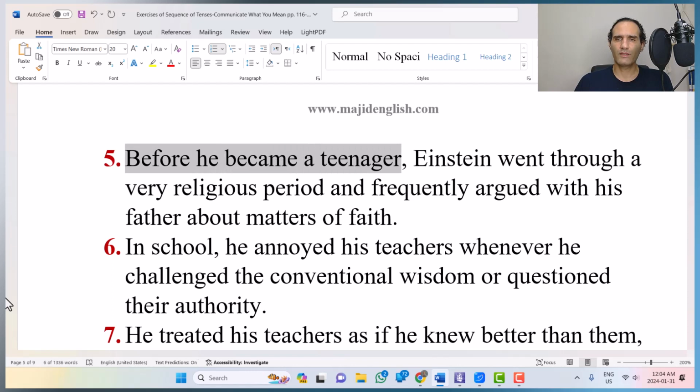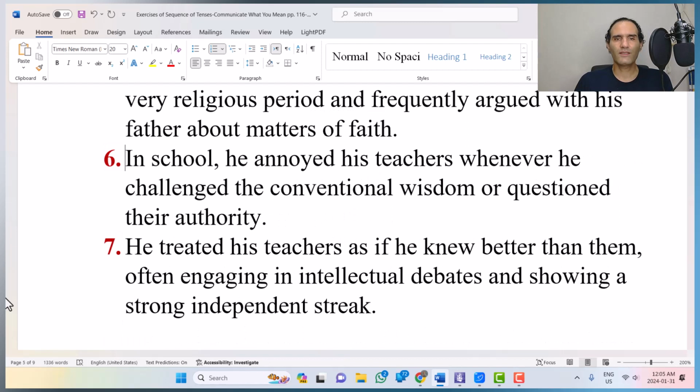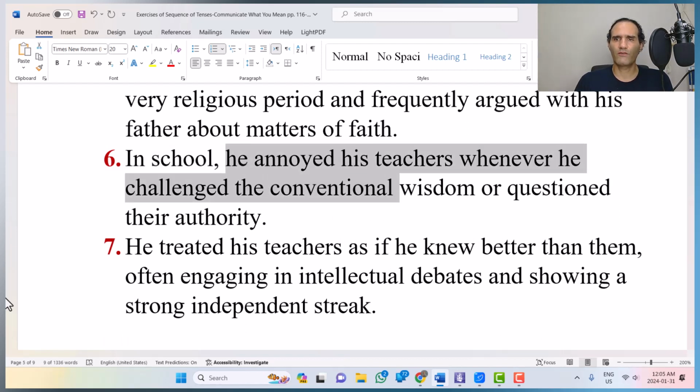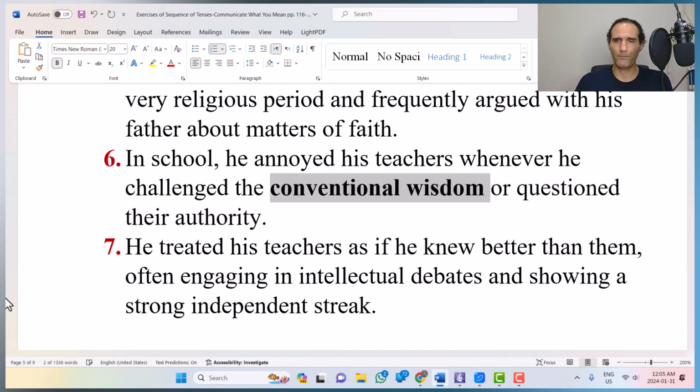Before he became a teenager, Einstein went through a very religious period and frequently argued with his father about matters of faith. Number 6, in school, he annoyed his teachers whenever he challenged the conventional wisdom or questioned their authority. Okay, conventional wisdom. So it means the accepted wisdom of the time.